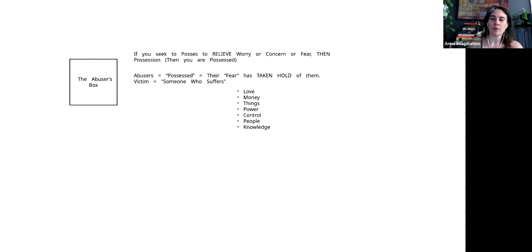Control is the one I really want to focus on here. In the world of communication, what they are seeking is control and power. The reason is that words are filled with power, because every word you say is a vessel for energy.